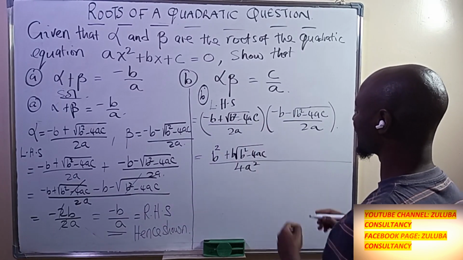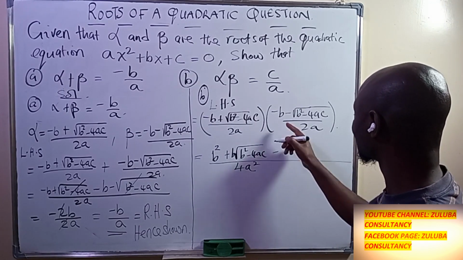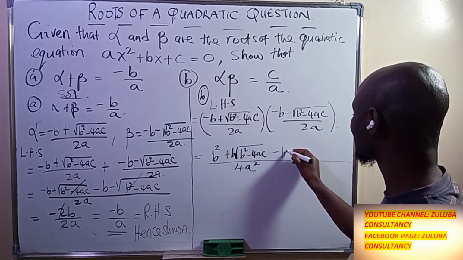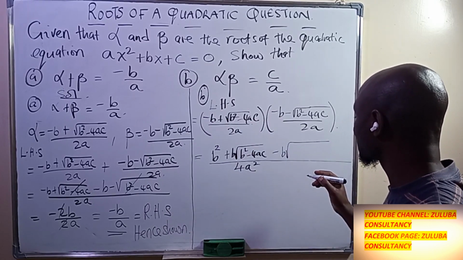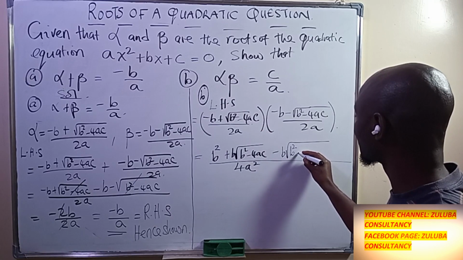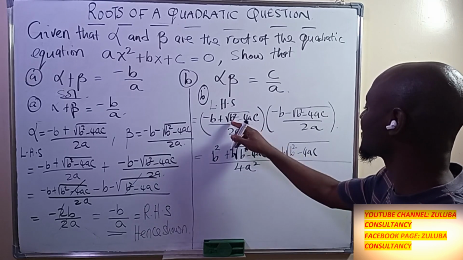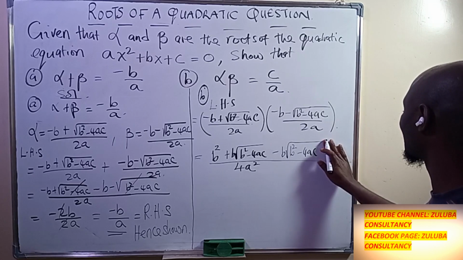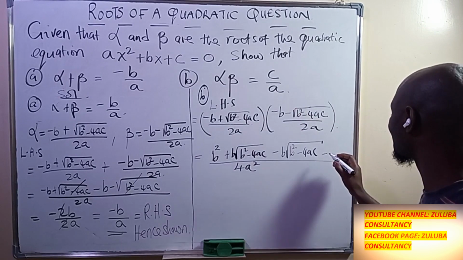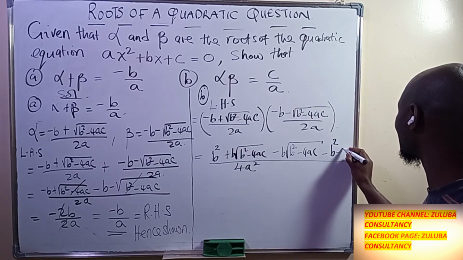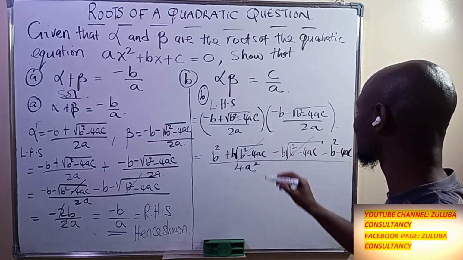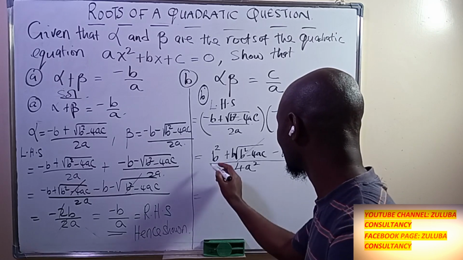We come to this multiplied by this, we get minus b square root of b squared minus 4ac. Then this multiplied by this, we are going to have minus, the square root will go. We are going to have b squared minus 4ac. So when you look at this, this will simplify with that. We remain with b squared.